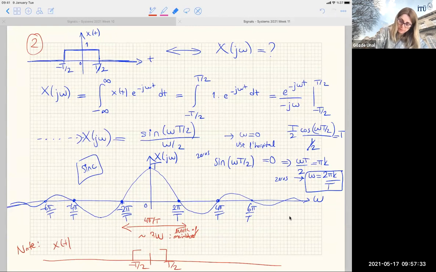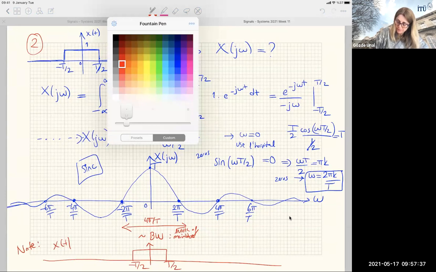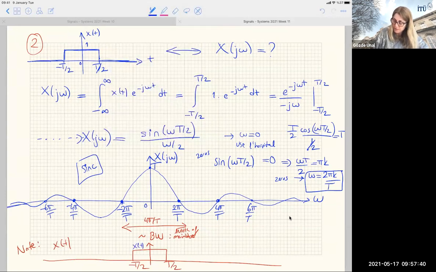Sorry. Guys, check this out. Now I'm saying in time domain, if I increase t, the width of the signal, this is the width, which is t. What happens to the bandwidth in frequency domain? If we increase the extent of this signal in time domain, its bandwidth will get smaller, right? That's what I'm trying to say. So again, let's note this.